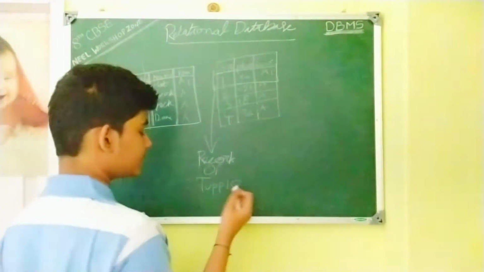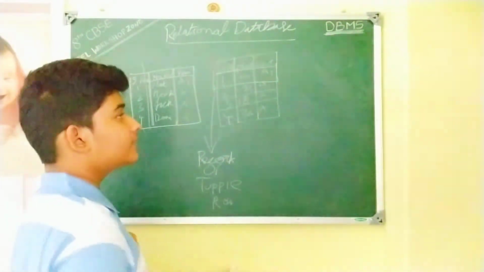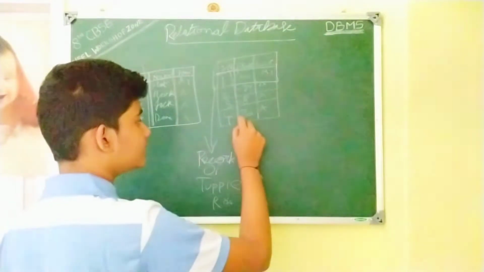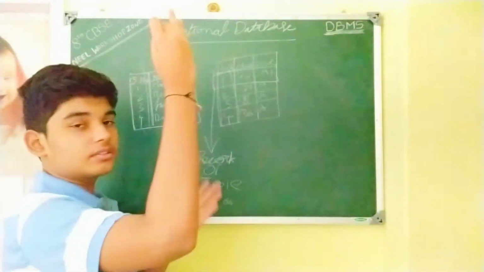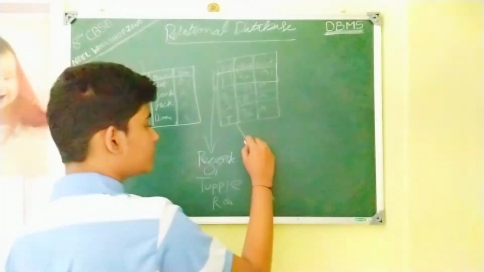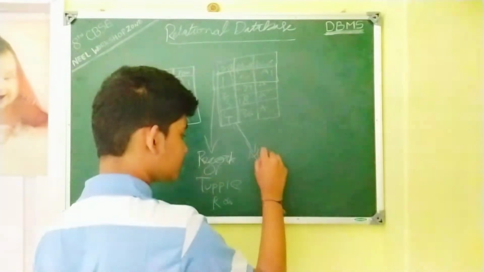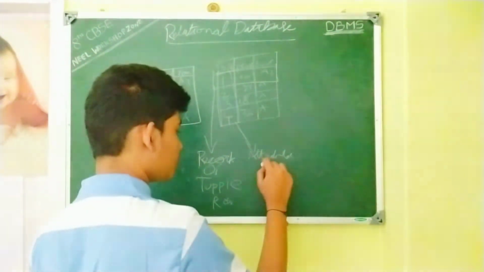I guess you can also call it a row, but these are the other words that are used. Next you have columns, which are the things that are vertical. These are called attributes or fields.